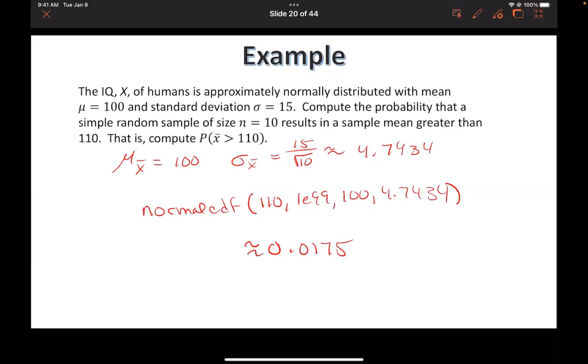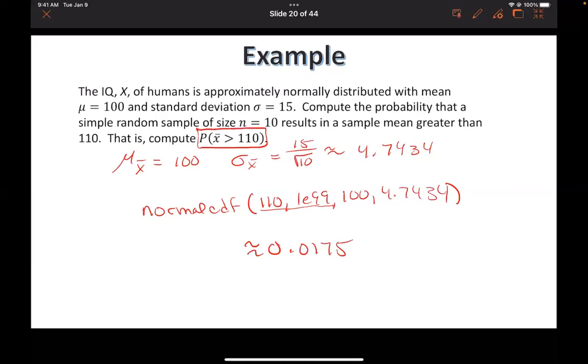How'd the rest of y'all do? I didn't even get the equation because I just got confused. Does the P parentheses mean X bar is bigger than 110? Wouldn't that mean that the 110 would be in the lower bar because it's the lower fence? That's what I have right here. Yeah, this is the probability that X bar is greater than 110.